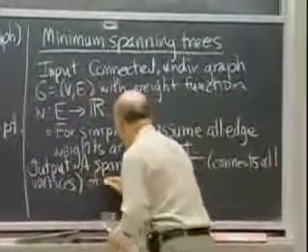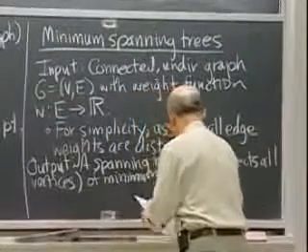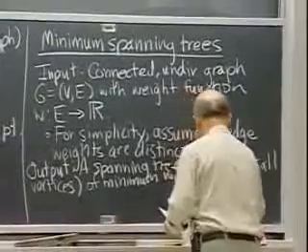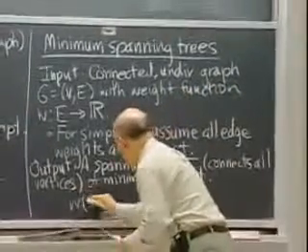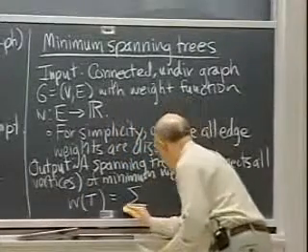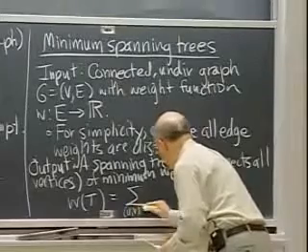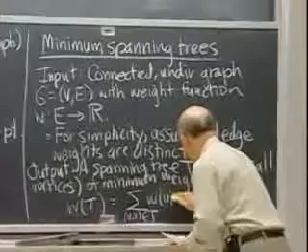And it's got to have minimum weight. So we can write the weight of the tree as the sum over all edges that are in the tree of the weight of the individual edges.